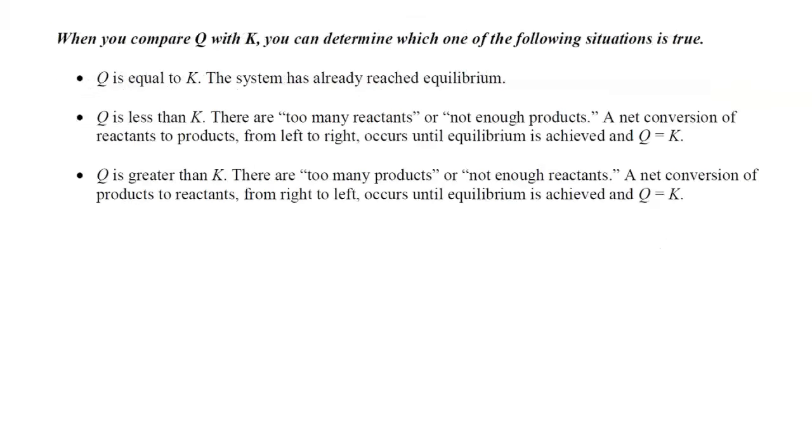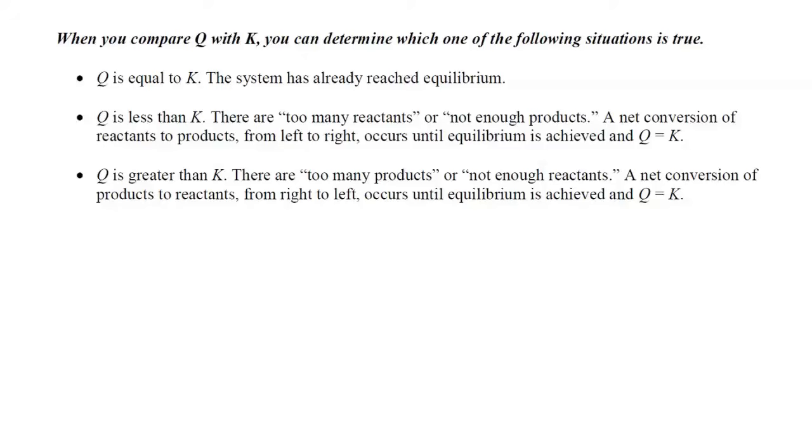So to remind you about the Q versus K comparison, there are 3 possibilities. When you compare Q versus K, either Q is equal to K and the system has already reached equilibrium. For the Ksp, that would mean that you are exactly at the saturation point.